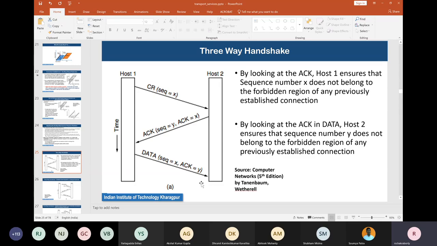So next it is expecting segment number X plus 1. In this way, it continues. The second data packet sent from host 1 to host 2 will have sequence number X plus 1, and if it has successfully received the data packet with number Y from host 2, its acknowledgement field will be Y plus 1.